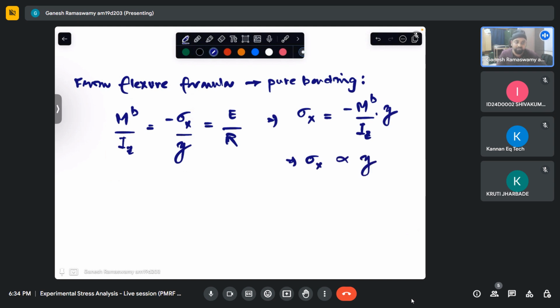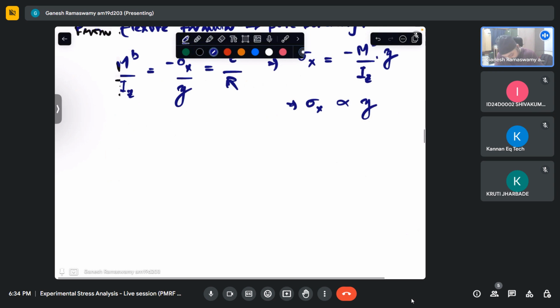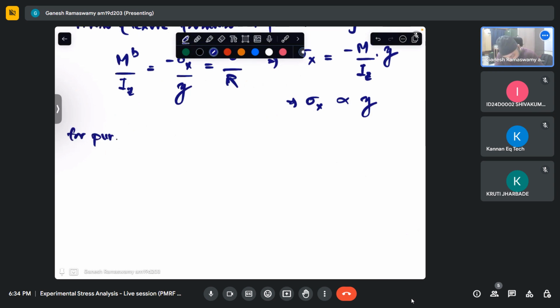It's a linear variation of y. So as y increases, sigma x increases. And for the case of pure bending, there is no sigma y or tau xy. In which case, for pure bending, sigma 1 is sigma x.